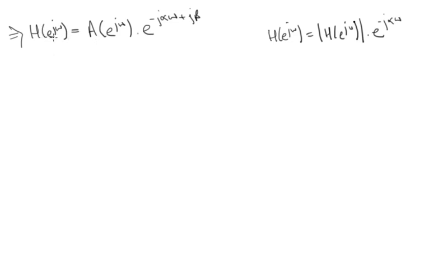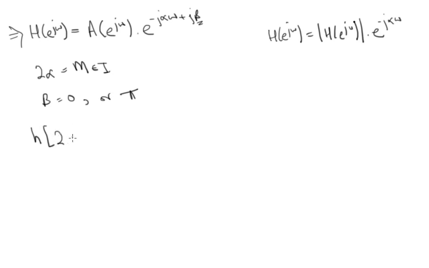In this generalized phase expression, if alpha, which was a delay, is such that 2 alpha is a constant m and it belongs to an integer, and if beta is either 0 or pi, then the impulse response of this frequency response h of e raised to power j omega will be symmetric.